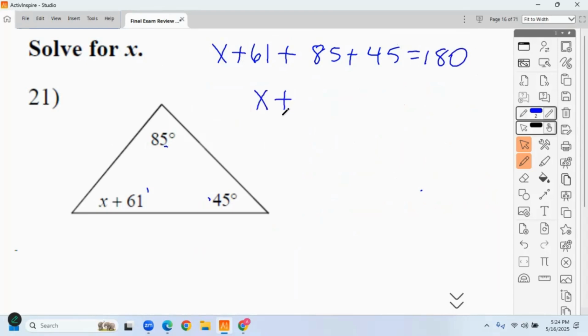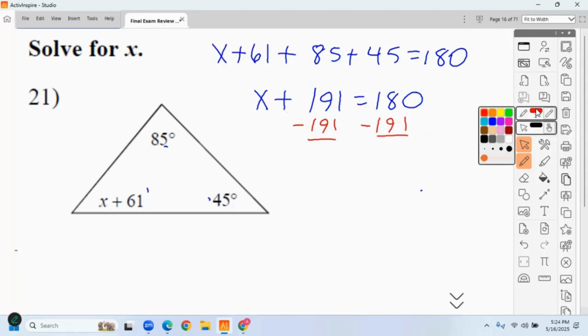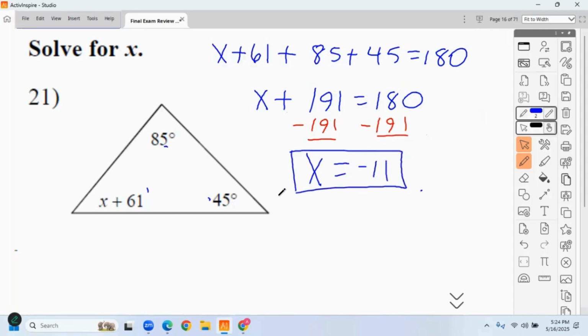Like terms, we know how this works, right? So in this case, when we add up the like terms here, this will be 191. And so we're going to subtract 191 from both sides. So we're going to get x equal to -11. I think that's what we're looking at with that nice little problem there.